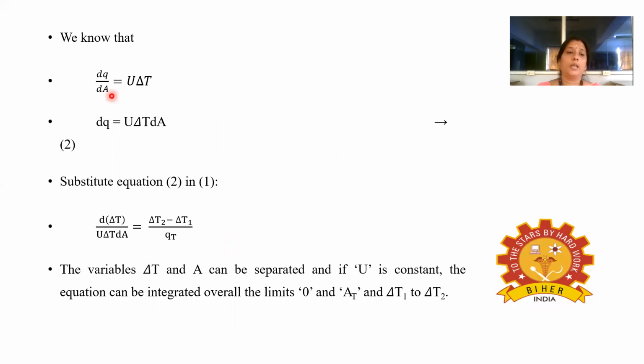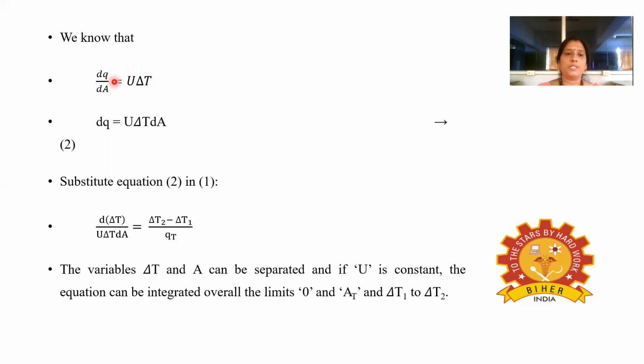We know that dq by dA is equal to U into delta T, which is already explained by the Fourier law of conduction. If it is a single liquid, then we would use the heat transfer coefficient h, but since we have two liquids where the heat is transferred from one to another, we are considering U, the overall heat transfer coefficient.